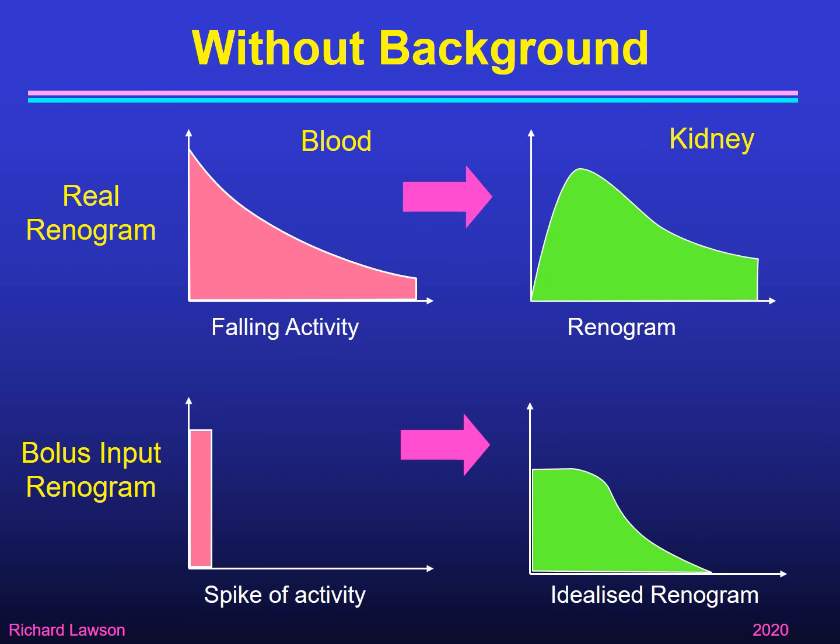If we were able to give this perfect bolus input, we would get a spike in activity for the blood, and we would get this idealized renogram, which was uptake, transit and elimination. That is the impulse response function. But we don't need to do that, because by applying deconvolution we can predict this impulse response by the mathematical technique without actually having to give that bolus injection. So that's the situation without any blood background.